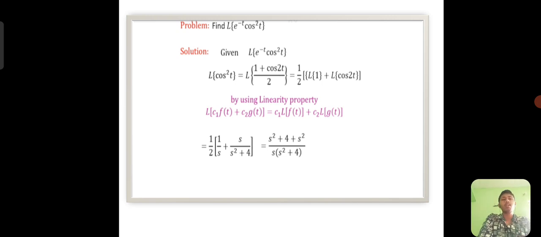We find L{e^(-t) cos² t}. First, L{cos² t}: according to trigonometric forms, we can write L{(1 + cos 2t)/2}.